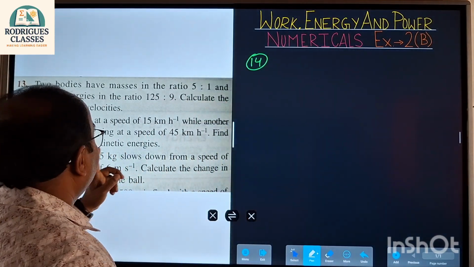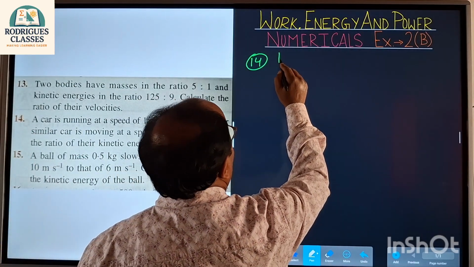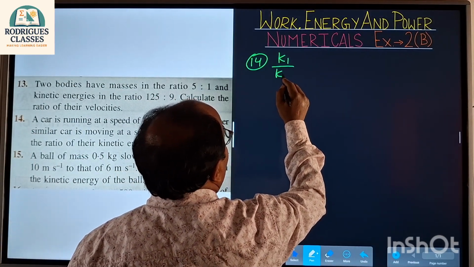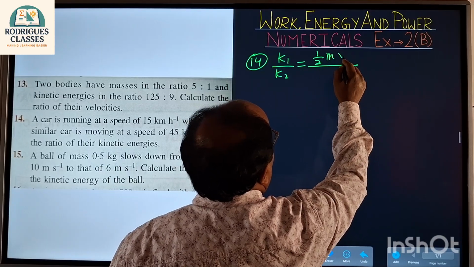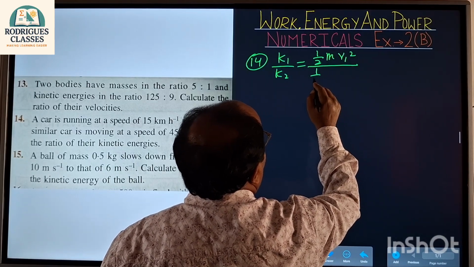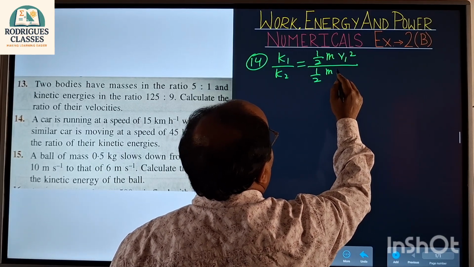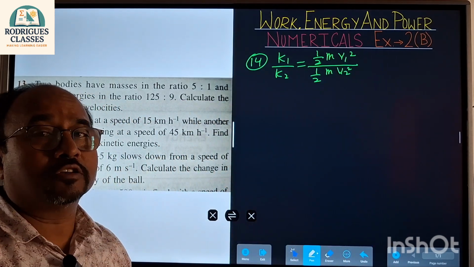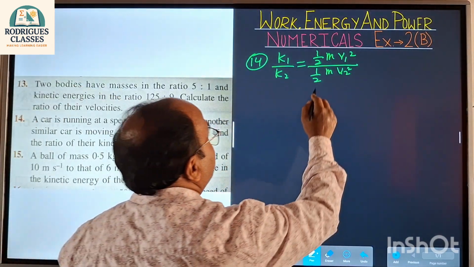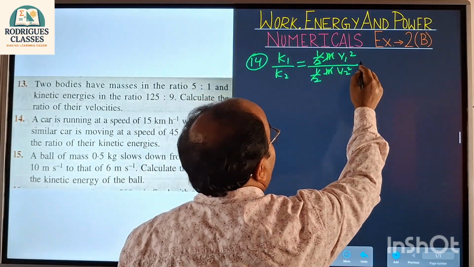So we have to find the ratio of their kinetic energy. So I am writing K1 by K2 is equal to half m v1 square by half m v2 square. Now m is written the same because it is a similar car, so the mass is the same. This is cancelled.